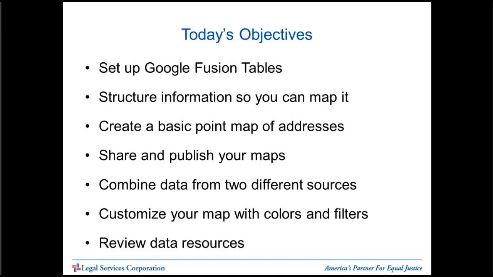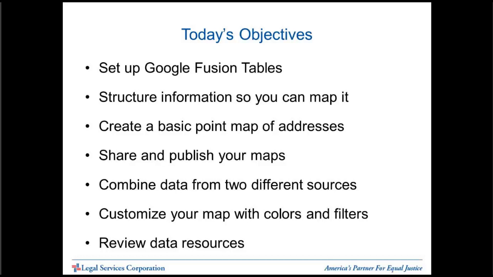Today we're going to set up Google Fusion Tables. We're going to talk about how to structure information so that it is map ready, if you will. We're going to talk a little bit about data management, which is part of the skill that we're developing, and it's going to translate into any mapping software that you use.